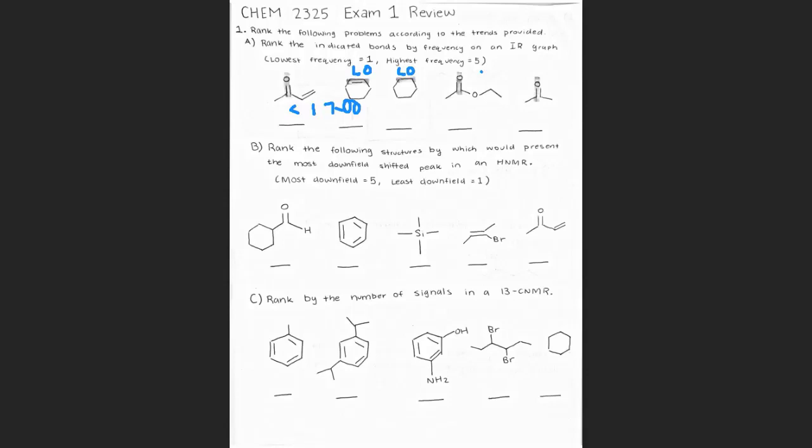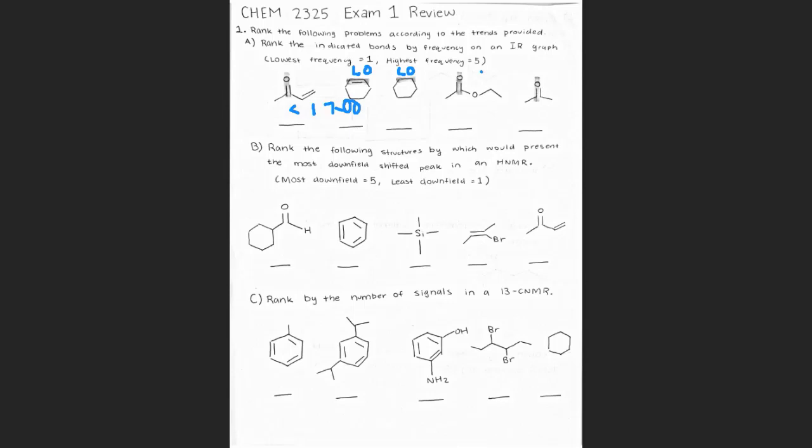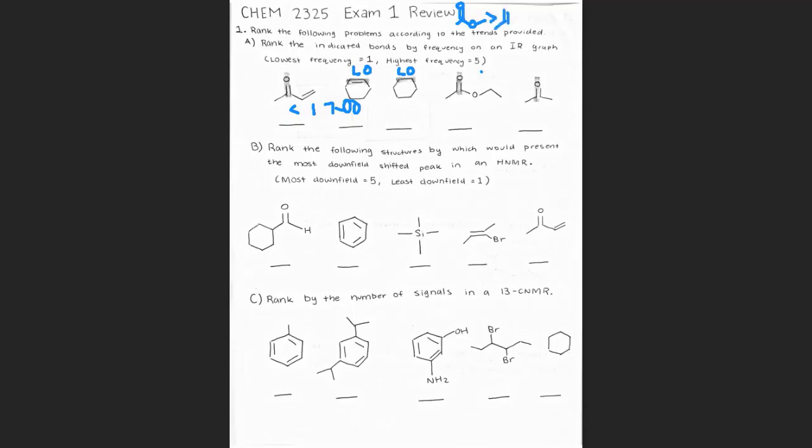So when we look at carbonyls, we're going to be looking at esters, then aldehydes, and then ketones. You're going to be expecting carboxylic acids also to be around between those ketones and aldehydes. But yeah, esters are a little different.